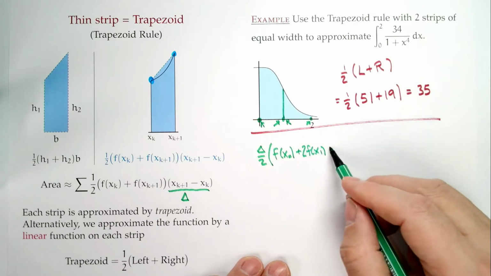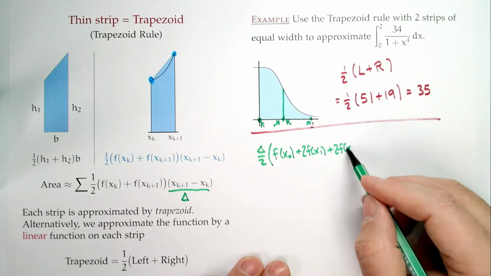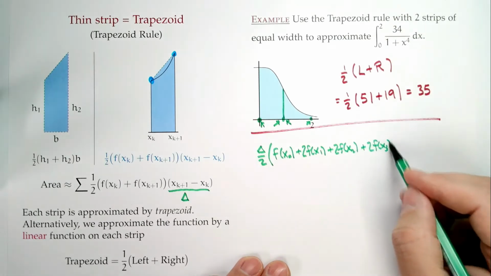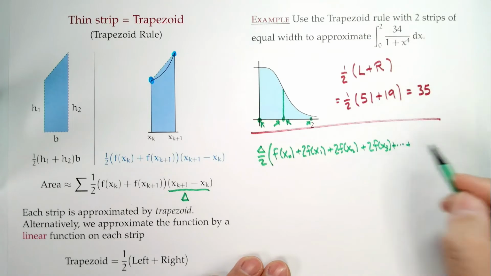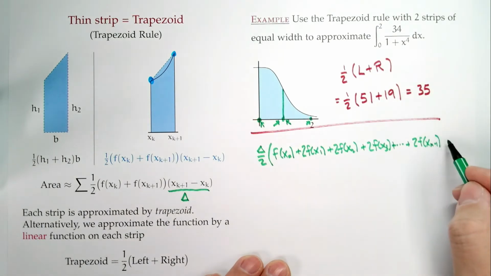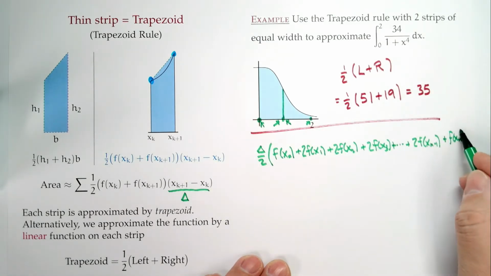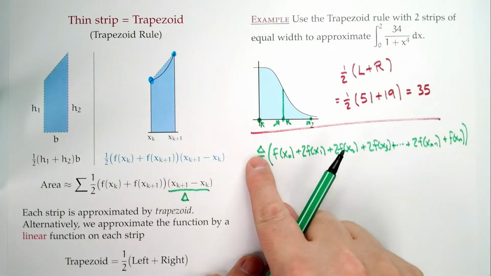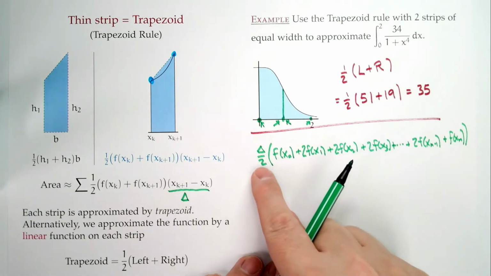2 f(x1). And all the points in the middle keep getting counted twice. So it's always 2, 2, 2. Up until very near the end where 2f of the penultimate point, and then the last point only gets counted once. So what's the pattern? You have your delta, which is the width of your interval, divided by 2.